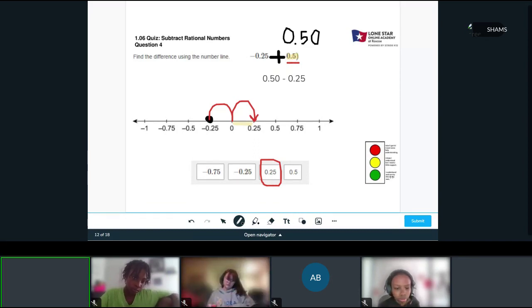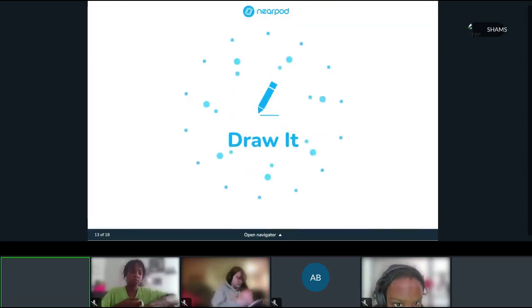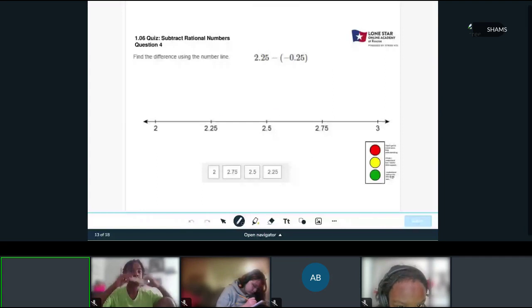Let's go ahead and move on to the next question. This is another variety of question 4. If your question 4 did not match ours, probably it looks like this one. Here it says 2.25 minus negative 0.25. What should I do?